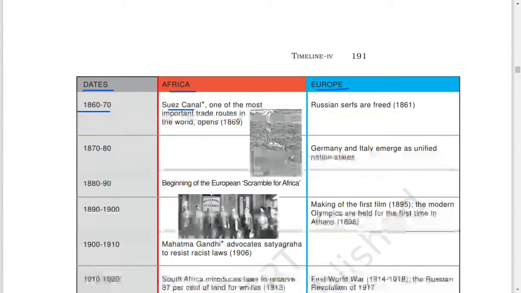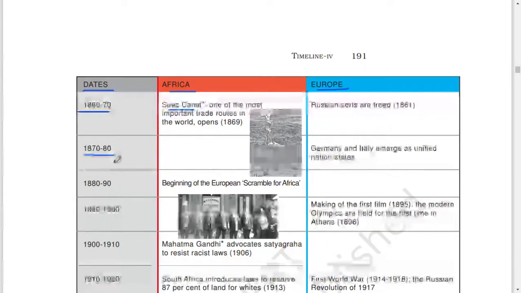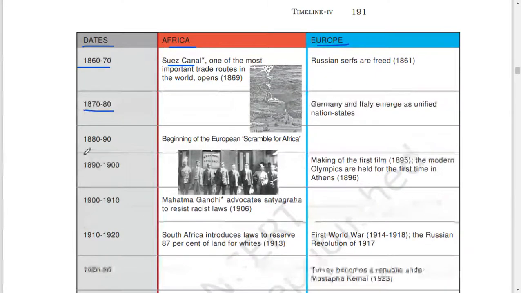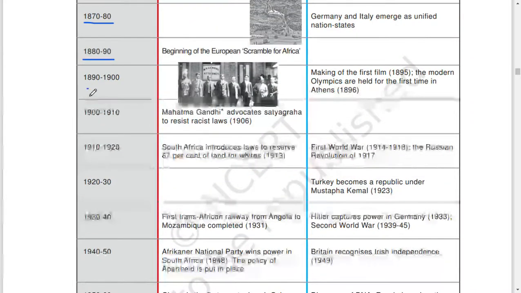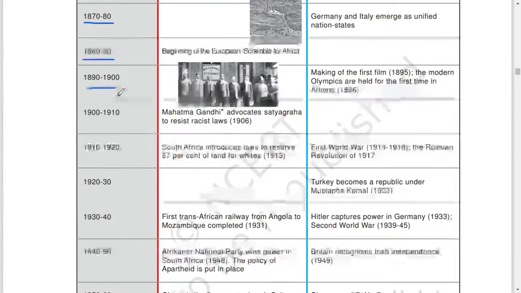Russian serfs are freed, 1861. 1870 to 80, Germany and Italy emerge as unified nation states. 1880 to 90, beginning of the European scramble for Africa. 1890 to 1900, making of the first film, 1895. The modern Olympics are held for the first time in Athens, 1896.